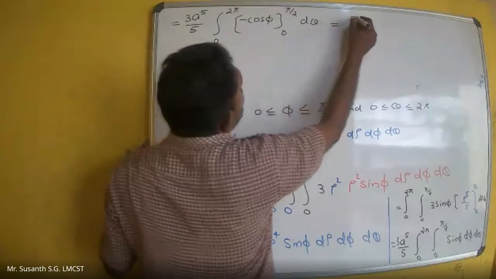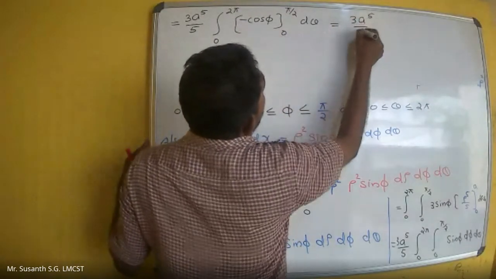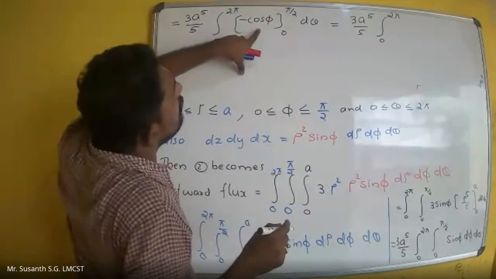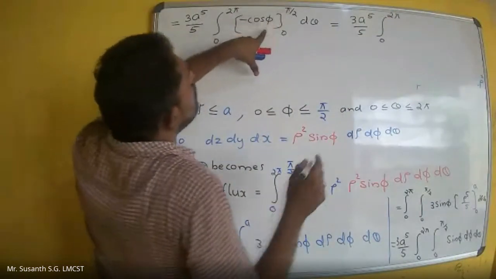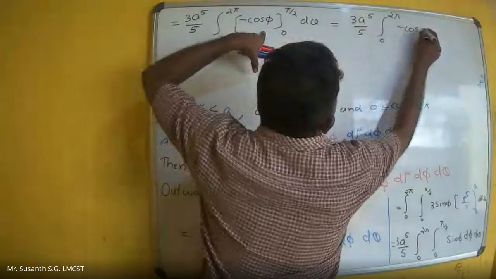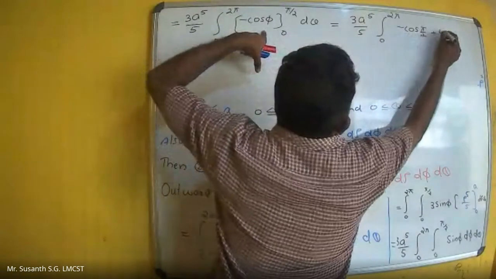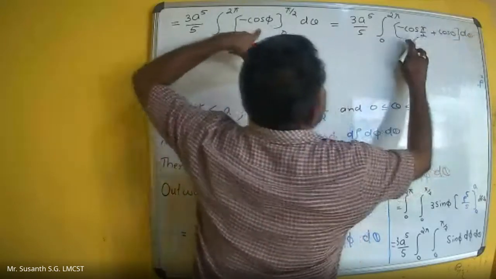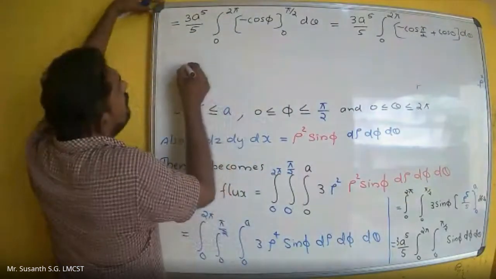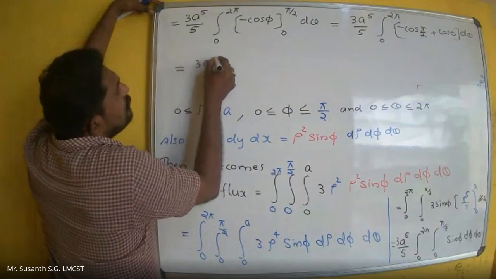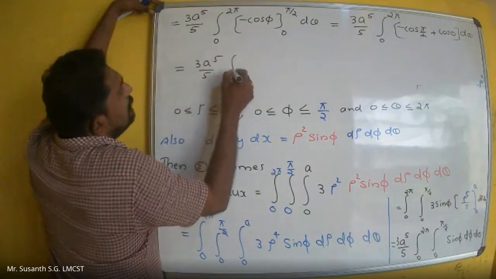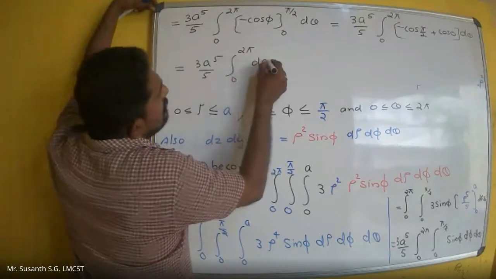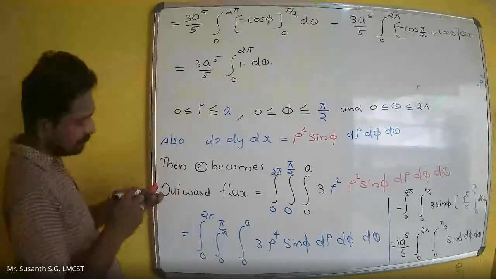Substituting the limits, −cos(pi/2) + cos 0 = 0 + 1 = 1, into d theta.